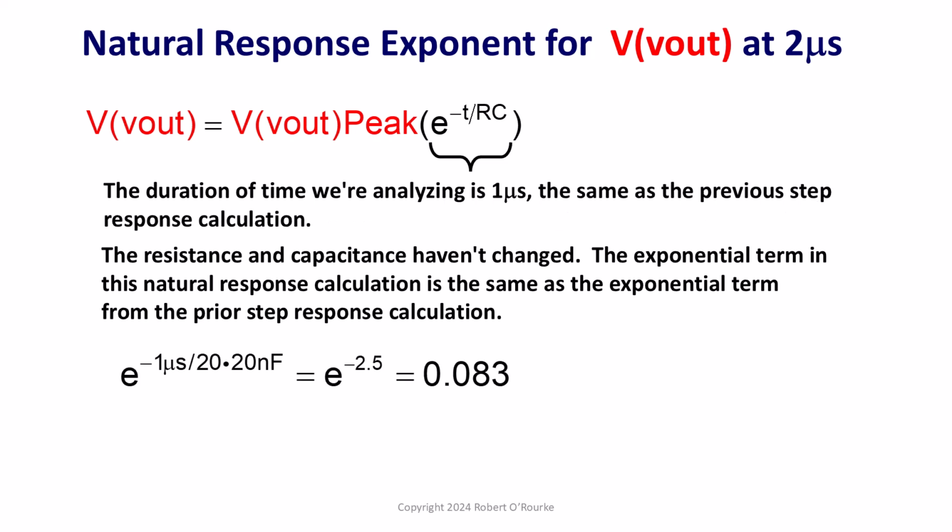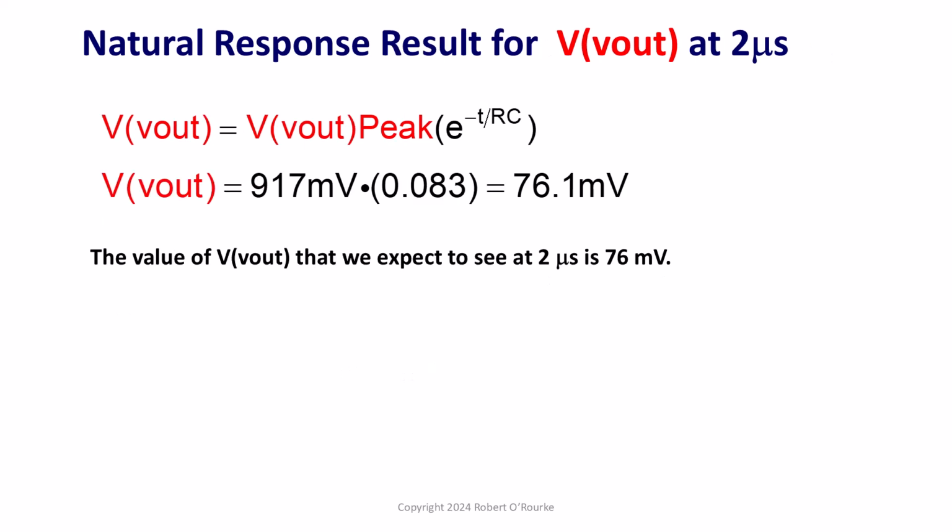The exponential term equals 0.083. 917 millivolts, the value for vout peak, times 0.083, the exponential term, equals 76 millivolts. 76 millivolts is the value of the red vout voltage that we expect to see at 2 microseconds time. This completes the second part of the exercise.